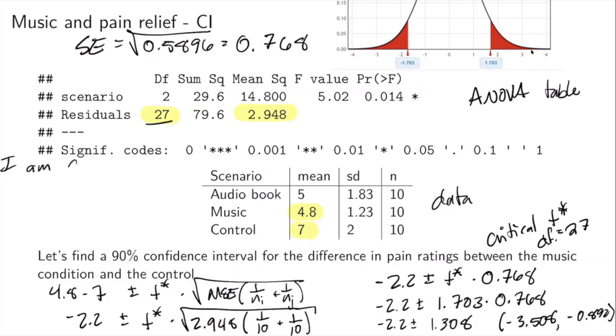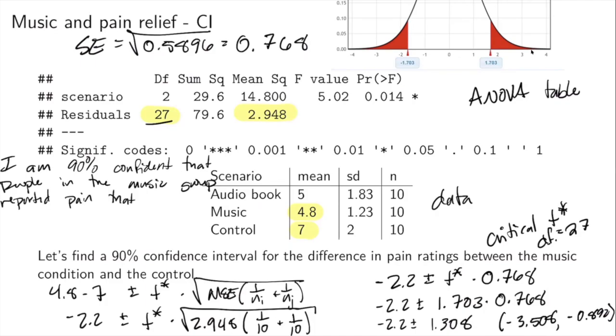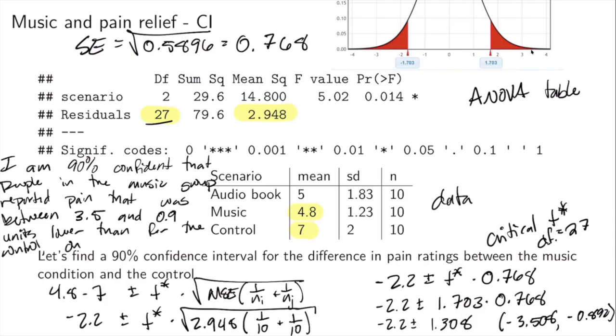I am 90% confident that people in the music group reported pain that was between 3.5 and 0.9 units lower than for the control on average.